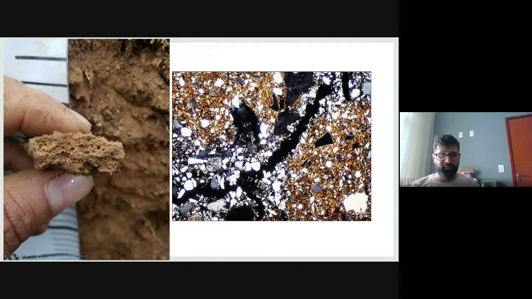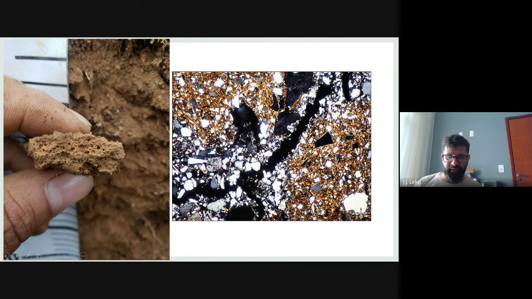We also can present clay depletions, like we can see here in this picture, where we present a different color in this area and in this area. Here we have a color that is more intense than here, and here we can see easily a coarser layer, like in this thin section.